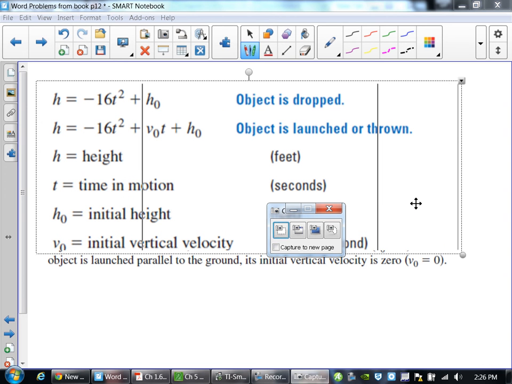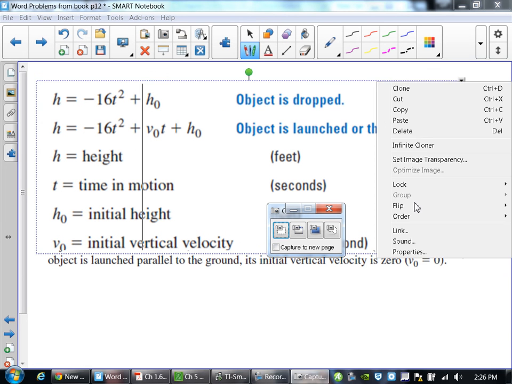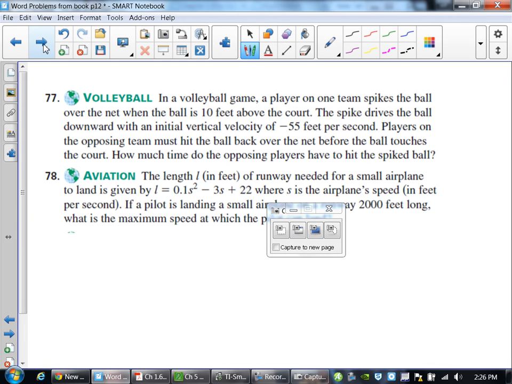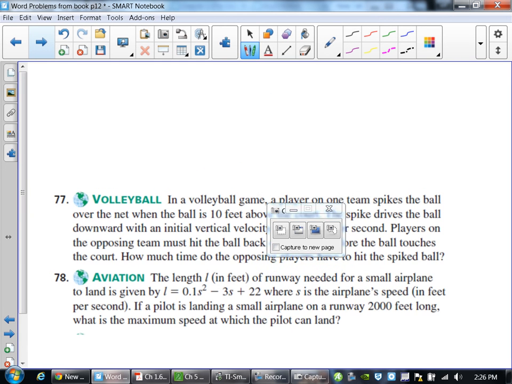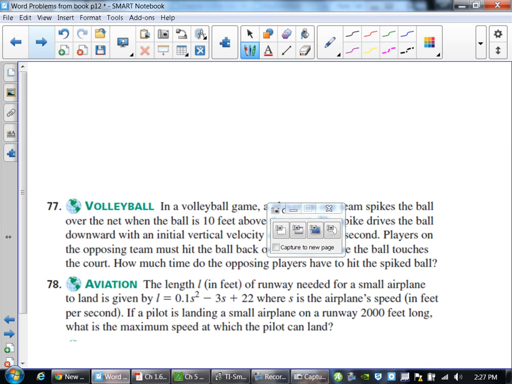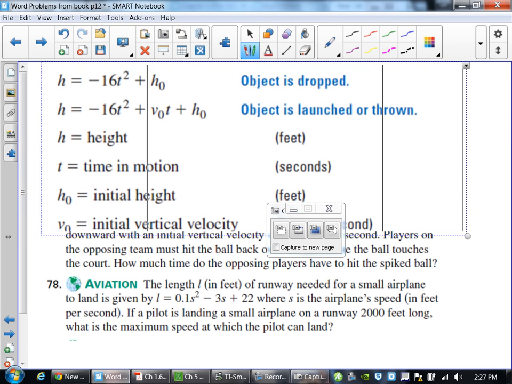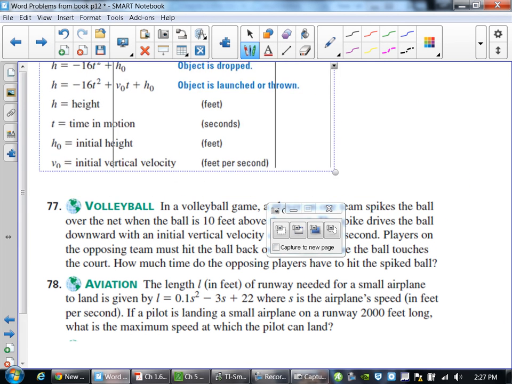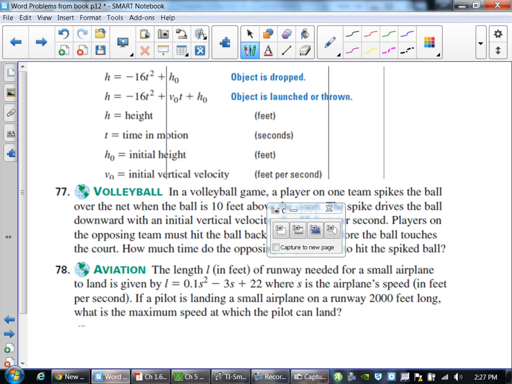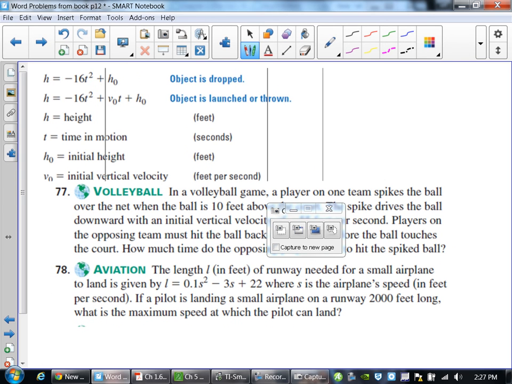I told third hour that it's not something you have to memorize. I'm going to use the volleyball problem on the next page, and then you'll see how easy it is to work with.